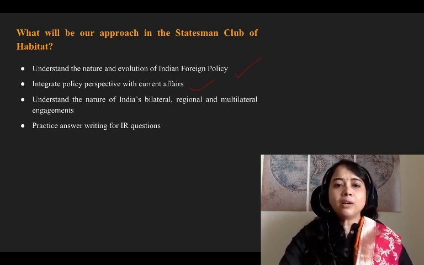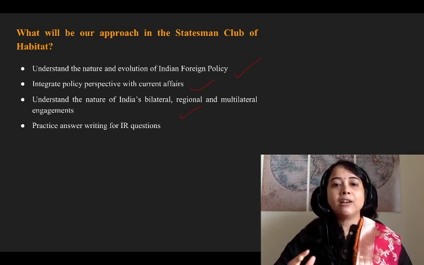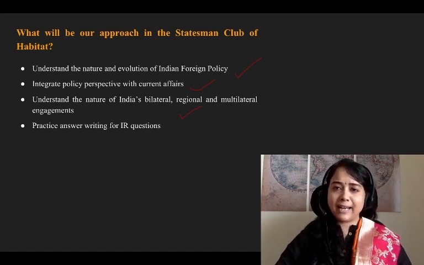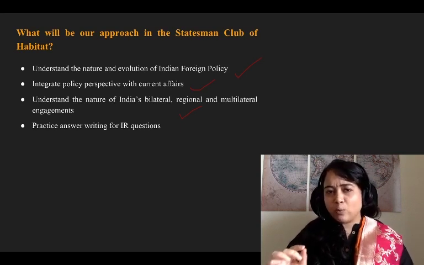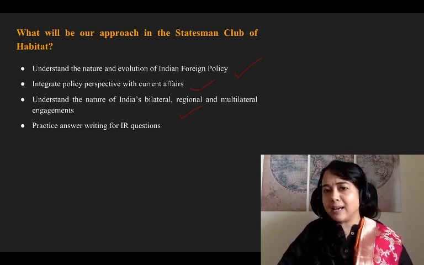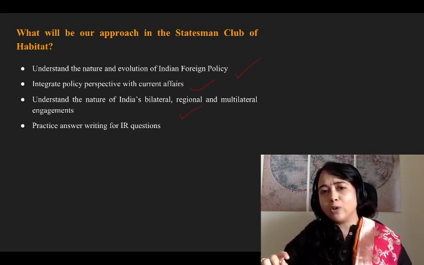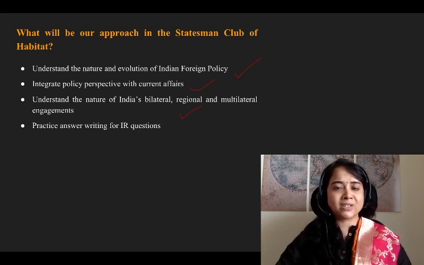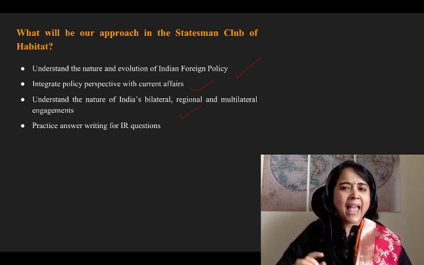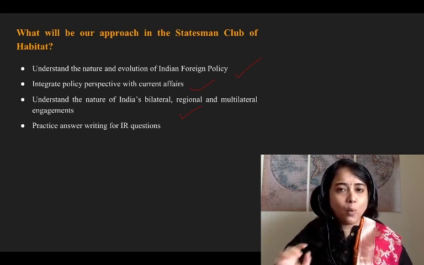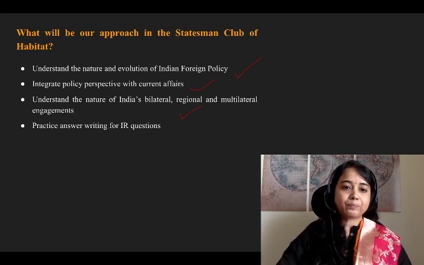Thirdly, it is important for us to understand the nature of our bilateral, regional, and multilateral engagements. If you notice, our diplomacy when it comes to the regional organizations is very different from our approach to global bodies, say the United Nations or the World Trade Organization. And these are some important nuances and important distinctions that we should learn to make.